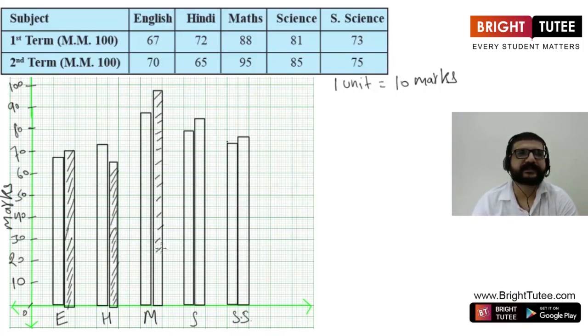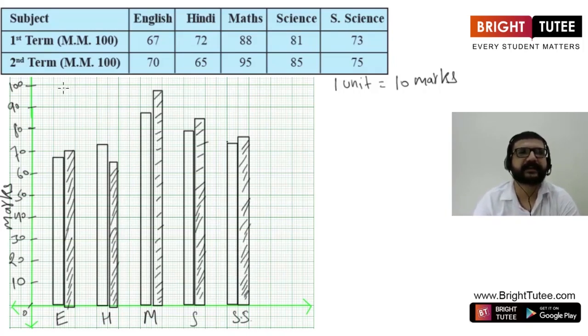Then it will be easier for us to compare marks of two different terms. So like this, we will just simply shade every second bar.